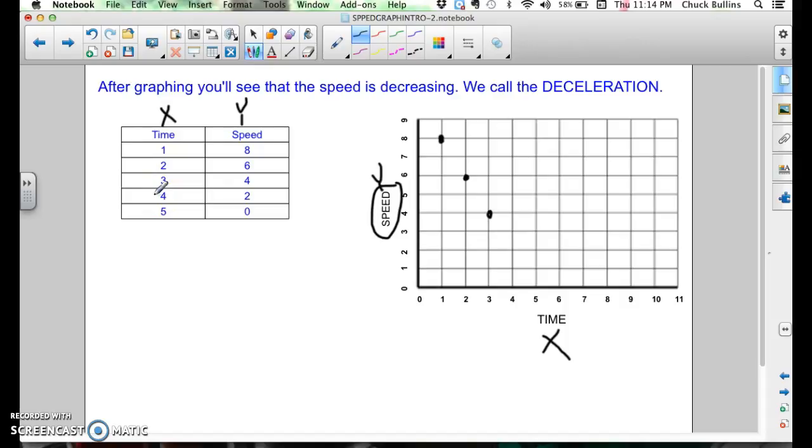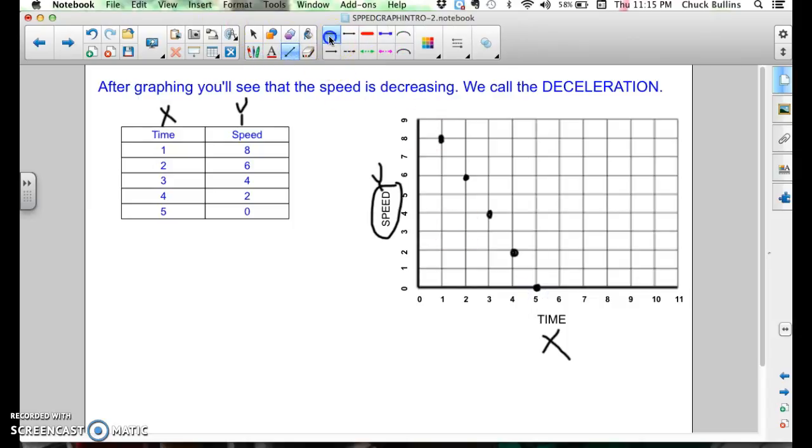At 4 minutes, it was going 2 miles an hour. 1, 2. And at 5 minutes, it was going 0 miles an hour. How many steps am I going up? 0. So my dot would actually be on that bottom line.